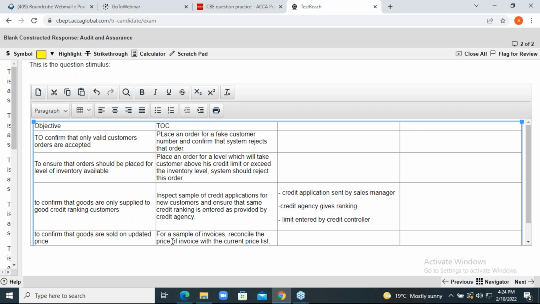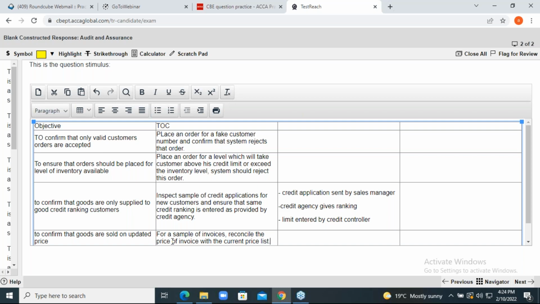Of course, these prices are updated twice a year or quarterly, so we will get the current or updated price list and confirm that the correct price has been charged to the customer, as written on the price list.